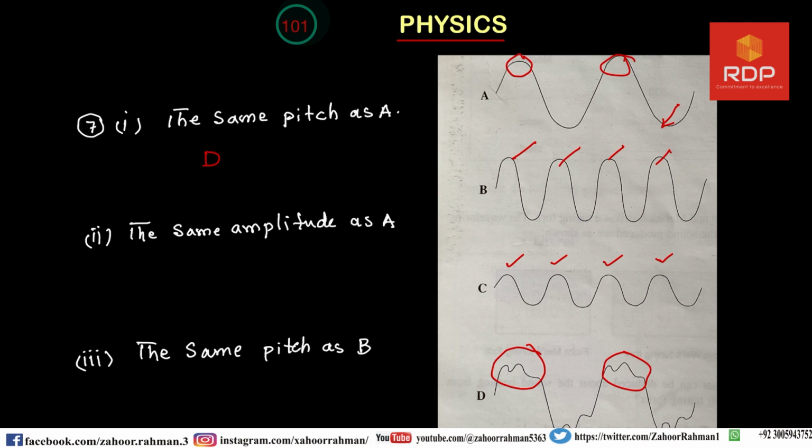In the second part they are saying the same amplitude as A. So the amplitude of A is this; this amplitude is not the same, that is smaller. This amplitude is also not the same. So the number of waves, the wavelength, is different, but the amplitude of this and this is the same.